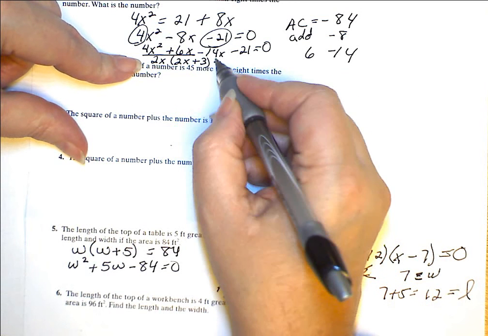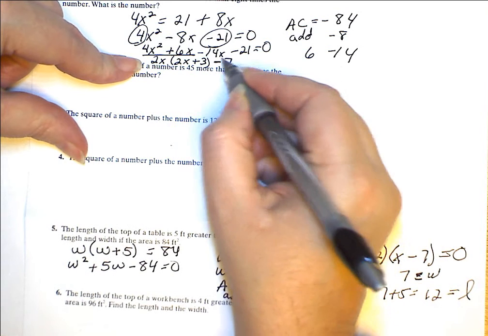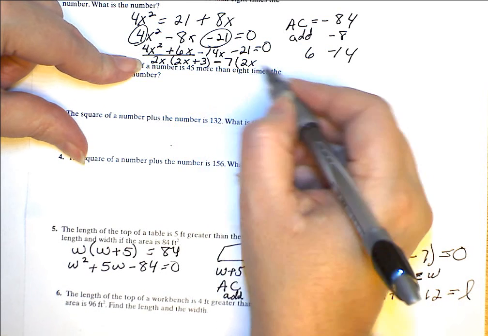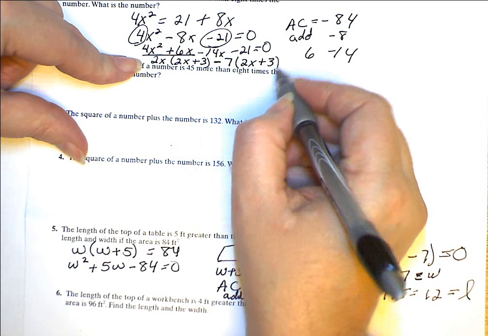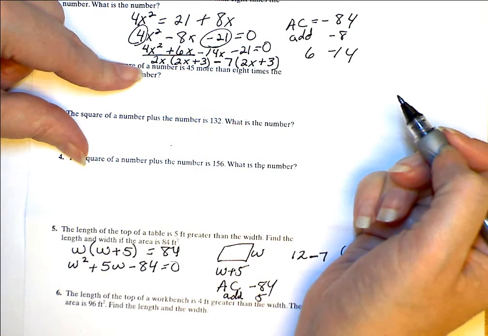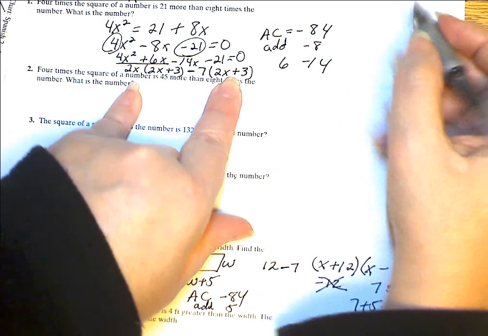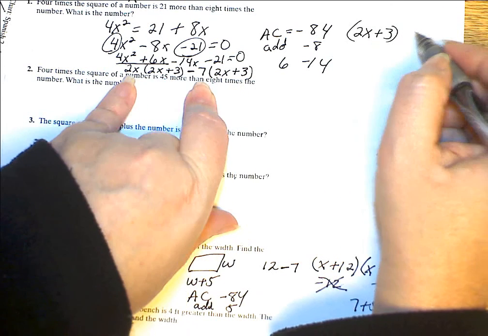And what's in common with 14 and 21? 7. And I have left negative 7, so times 2x. Negative 7 times my 3 will give me a negative 21. So, what's in common here will be my 2x plus 3 and 2x minus 7.